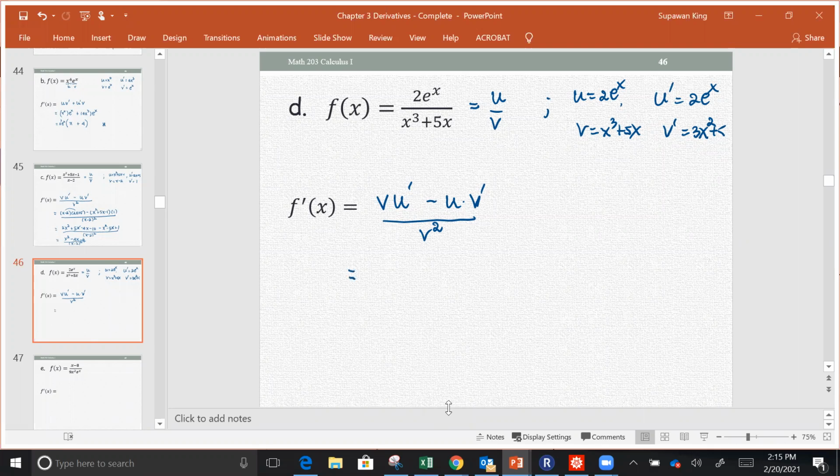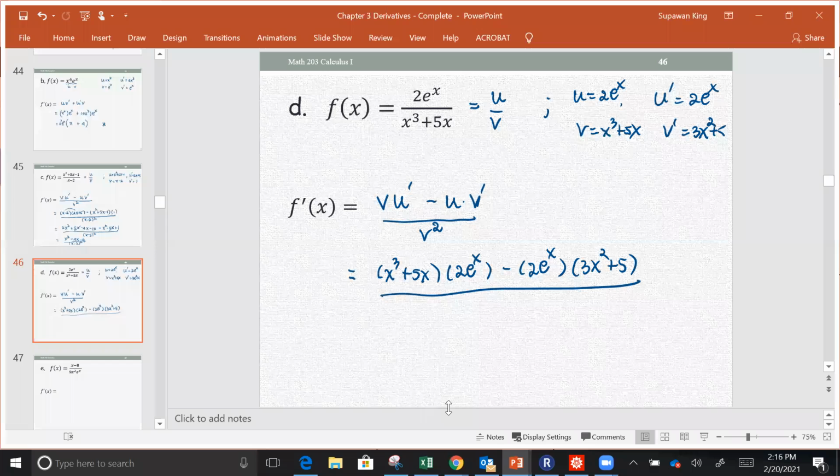The v is x to the third plus 5x, the u prime is 2e to the x, minus the u, or 2e to the x, times the v prime, or 3x squared plus 5, all divided by the v squared, which is x to the third plus 5x quantity squared.